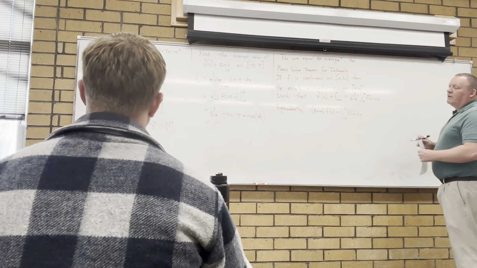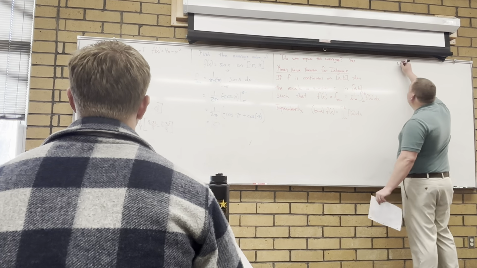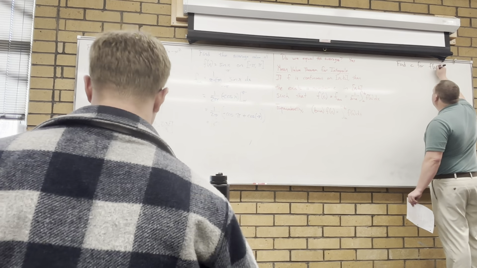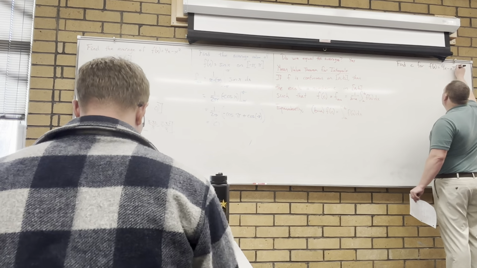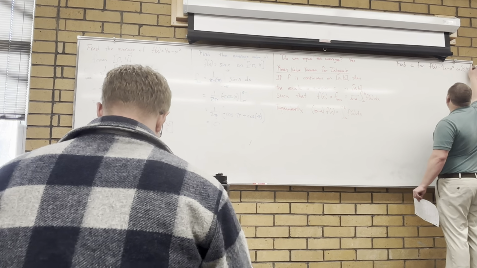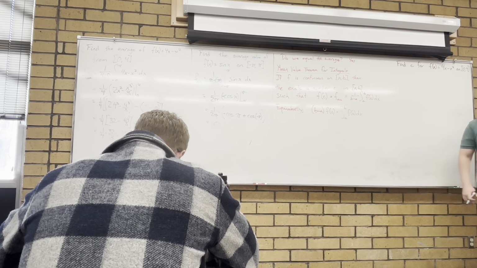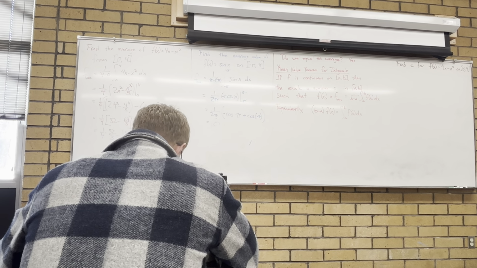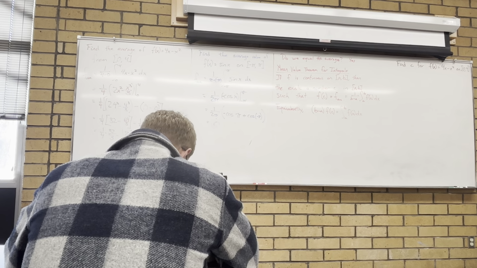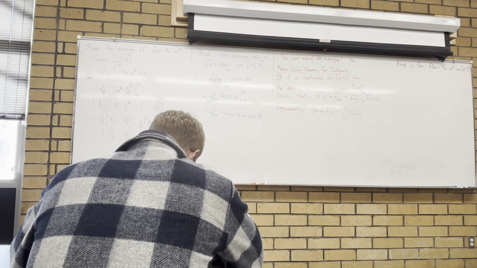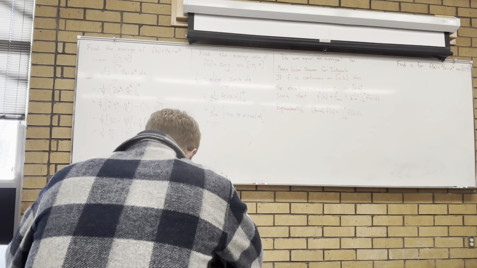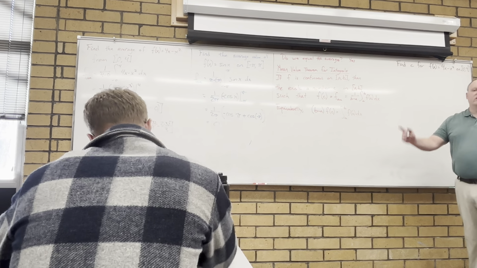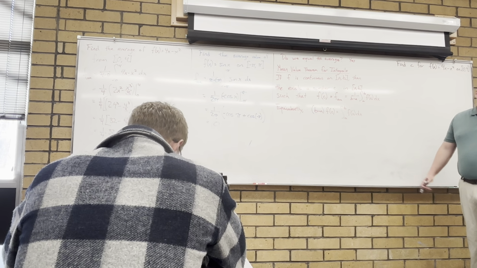So let's find c for f of x equals 4x minus x squared on the interval that we did, 0 to 4. We could do this for the sine function too, but it's 0.